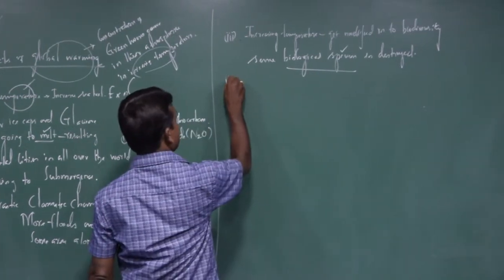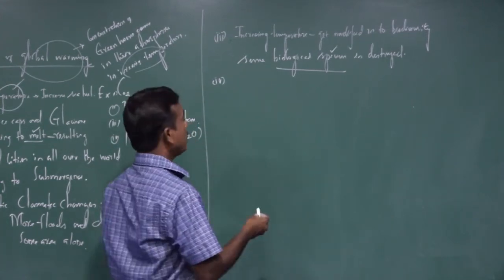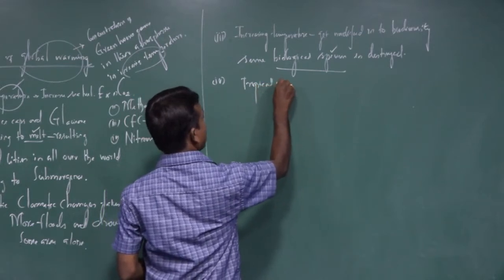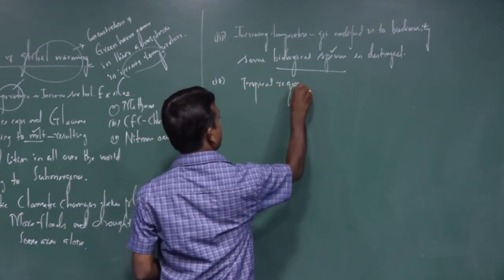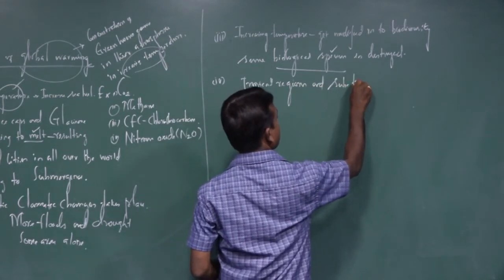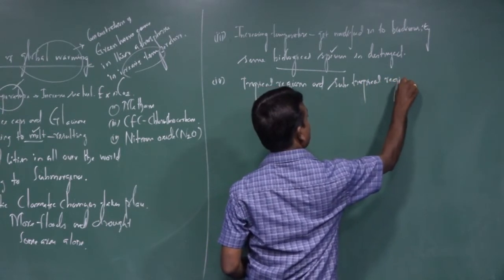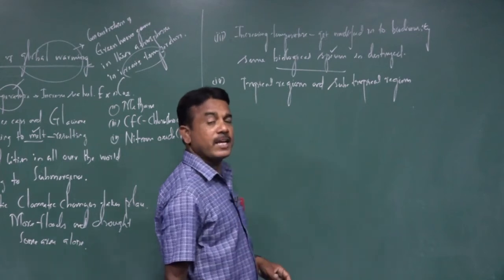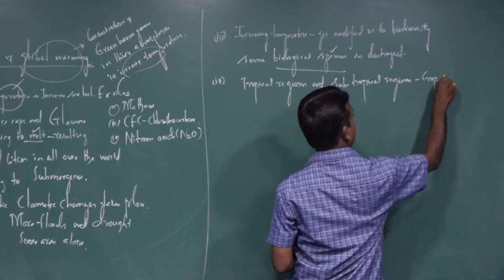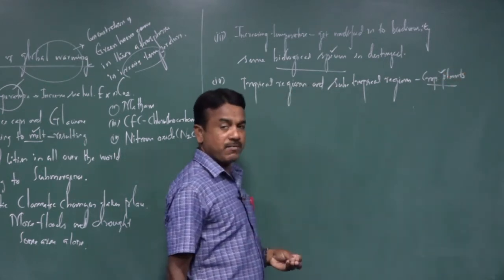The fourth aspect: tropical and subtropical regions can generally be cultivated as croplands. Croplands are nothing but food plants.